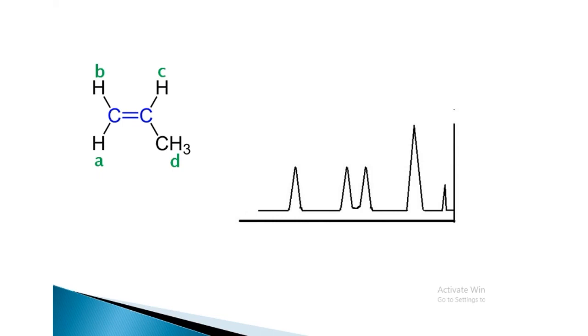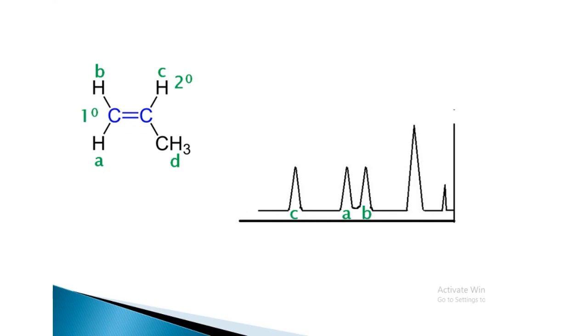In this molecule, the C hydrogens are most shifted. Why is that? C hydrogen is a secondary hydrogen, and both A and B hydrogens are just primary hydrogens. So even though the hydrogens A, B, and C are at the same distance from the double bond, since C is a secondary hydrogen, it should be the most shifted. That leaves the next 2 peaks here due to A and B hydrogens.